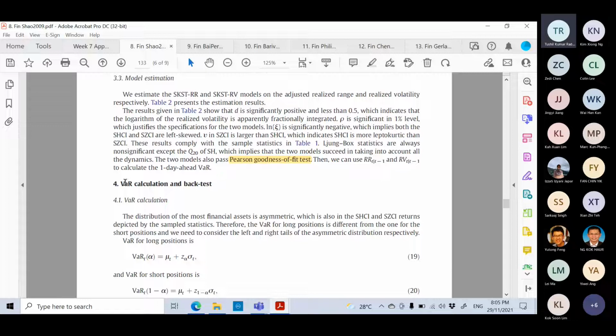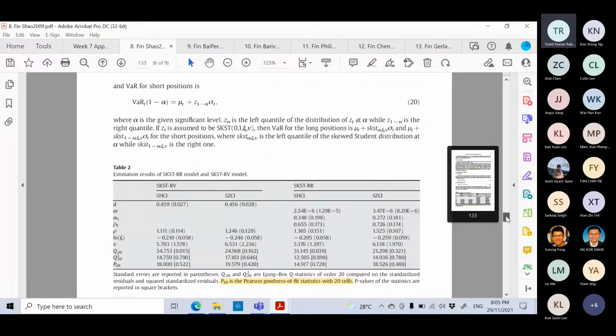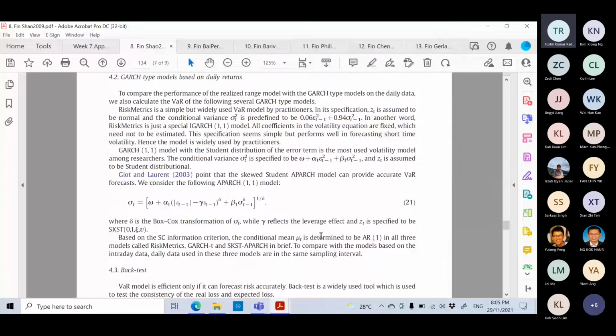Of course, once you calculate the measure, you only get the value itself, so they further carry out a hypothesis test. This test is called the back test, to check whether the value at risk they calculate from the sample is significant or not. In the following, these are the tests.